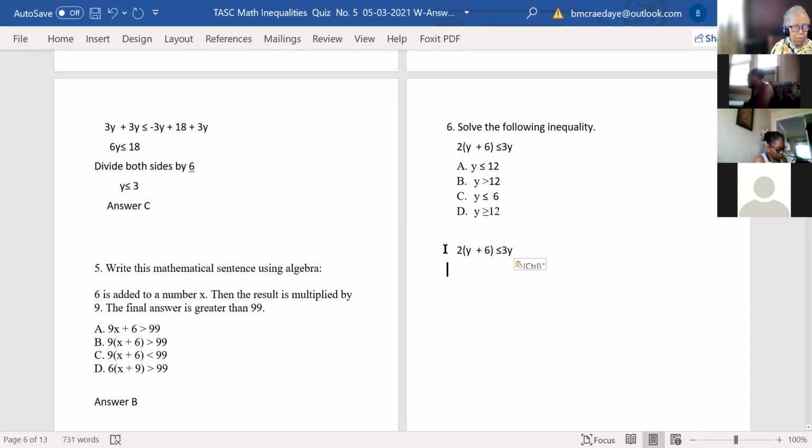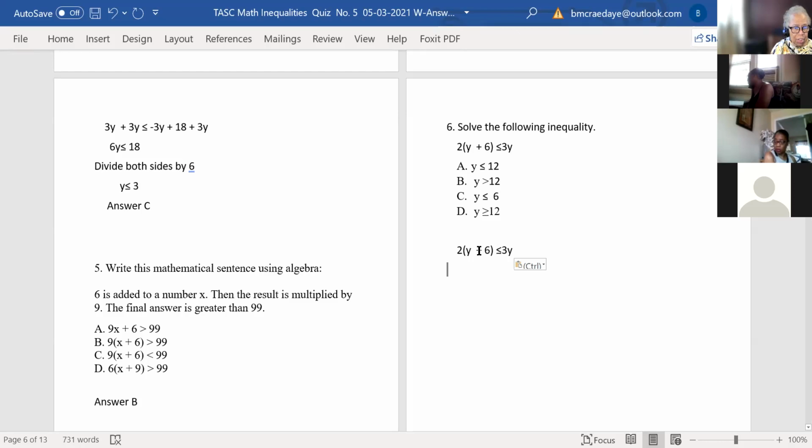What did you do first here? I divide both sides, right? No. Think, Maureen. PEMDAS, order of operations. What do you do first? Or multiply? Yes, because this is parentheses, right?